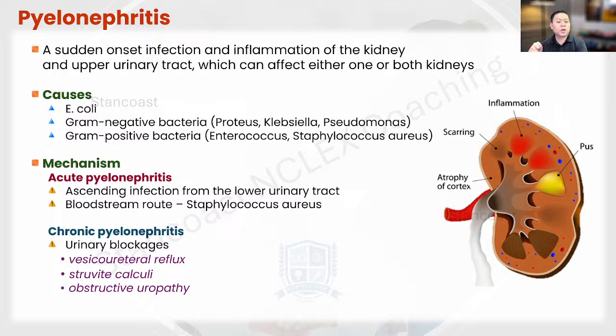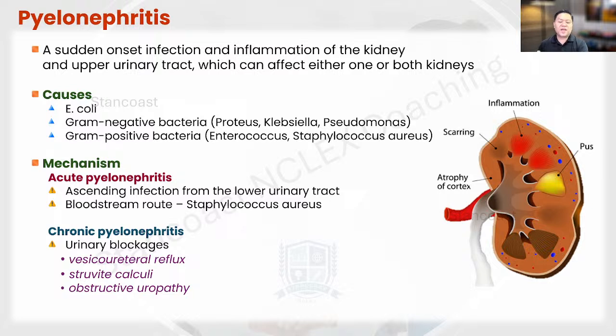So if we're talking about obstructive uropathy, we are talking about urinary tract strictures, or benign prostatic hyperplasia, the BPH, or the presence of ureteral stones. So get reminded of those different possible causes here: strictures, the BPH, and the presence of the stones.